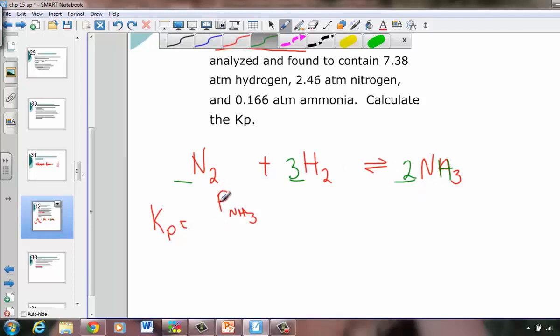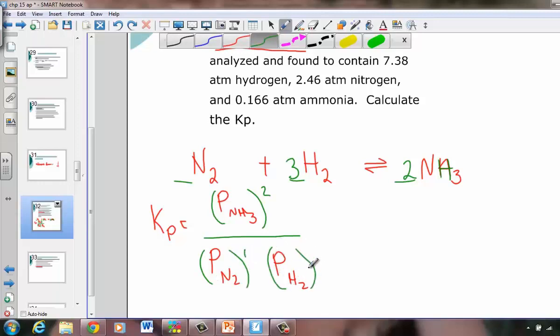So now when I consider we have the partial pressure of ammonia, it will indeed need to be squared, set over the partial pressure of nitrogen and the partial pressure of hydrogen, and indeed those values taken to their stoichiometric value, first order with respect to N2, and this hydrogen would need to be cubed.